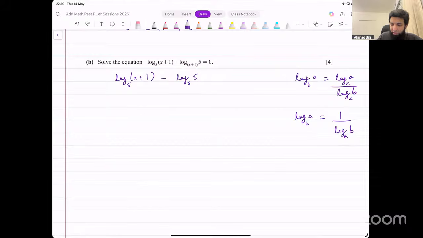So you can just write 1 directly as well, and that will be okay. In the denominator, you have log of x plus 1 base 5. On the other side, there is 0. As I said, numerator can be written 1 directly as well.